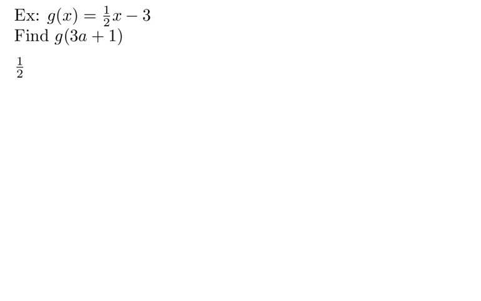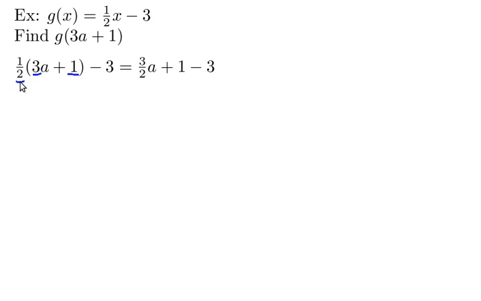So what we have is 1/2 times 3a plus 1 minus 3. So we want to distribute this 1/2 to the 3a and the 1, which isn't too hard, so we'll get 3 halves times a plus 1 minus 3.